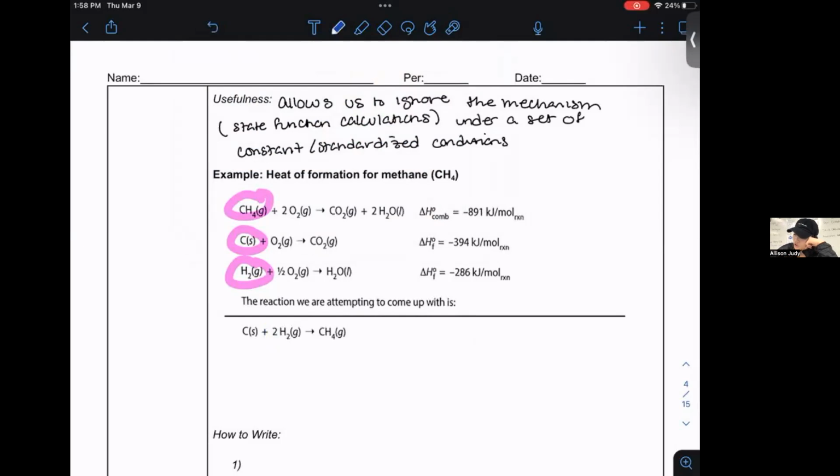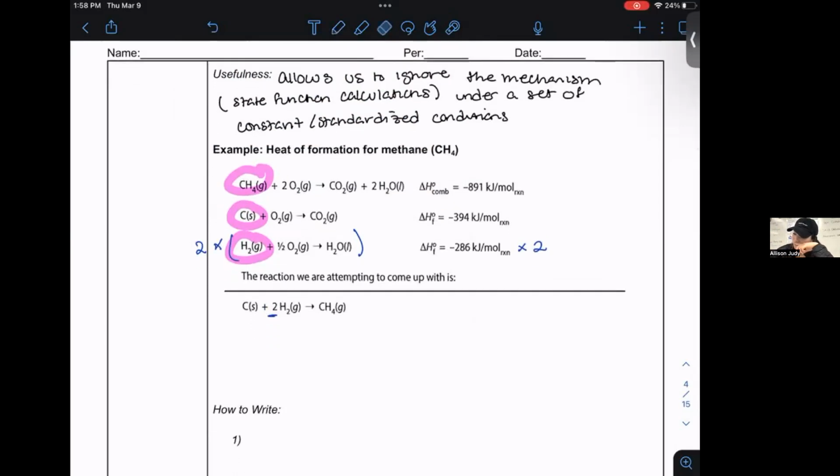It doesn't have enough. I need two of them. So I'm going to multiply this entire reaction's coefficients by 2. If I do that, I'm going to reflect it in my enthalpy, because enthalpy is an extrinsic property. It's dependent on amount, right? So I multiply that by 2, which gets me the coefficients 2, 1, and 2.